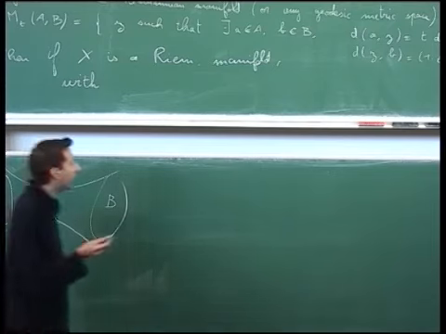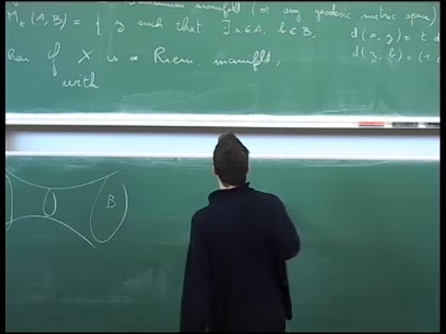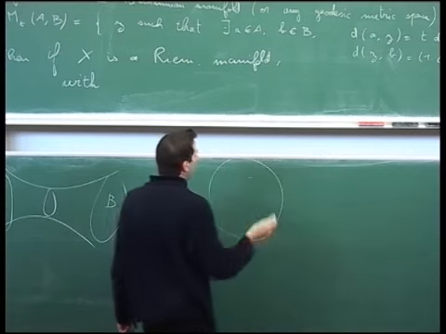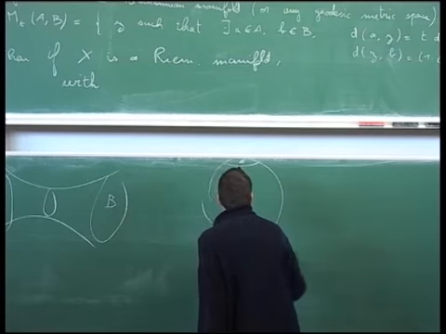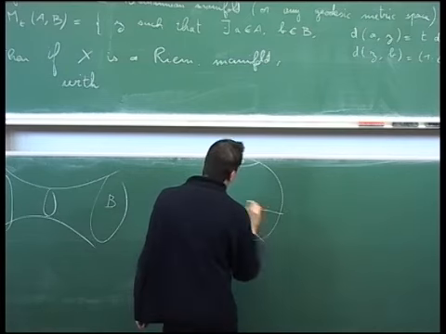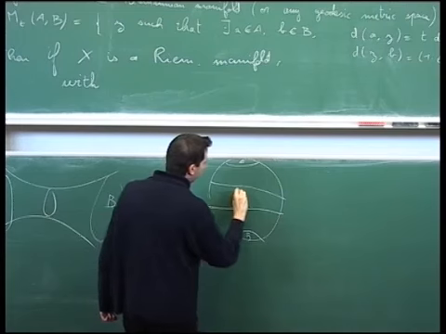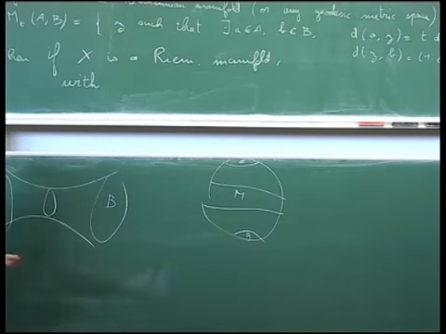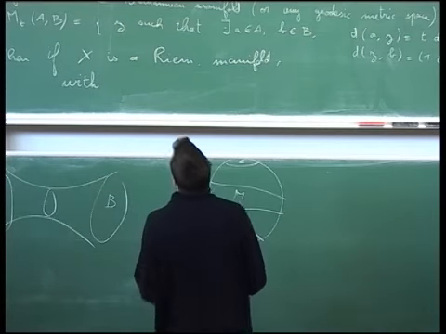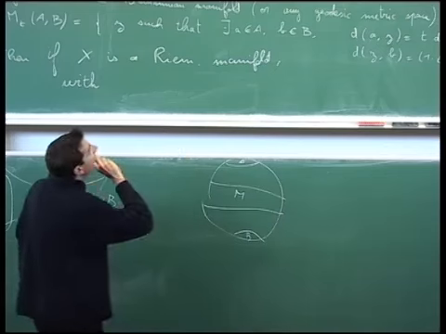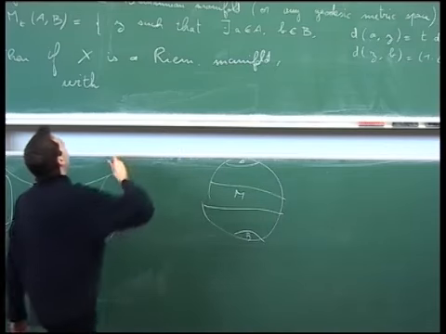On the other hand, if you're on a space with positive curvature, such as a sphere, and you take a here and b here, then the midpoints are something here, and it's obviously bigger. So you can write the inequality in terms of the Ricci curvature.